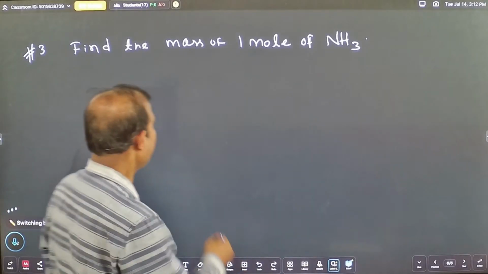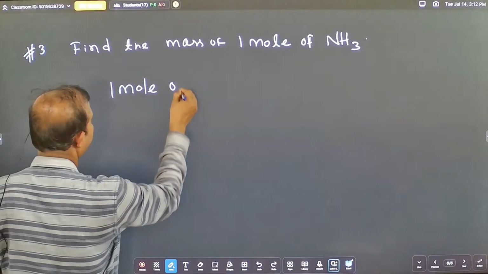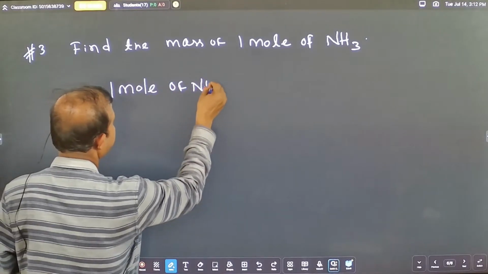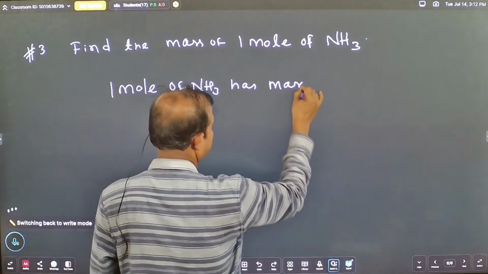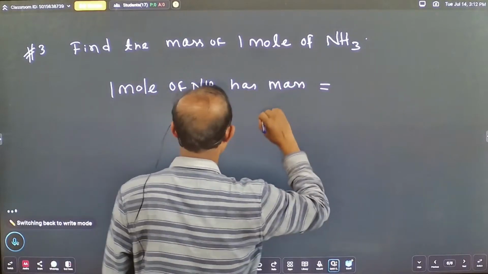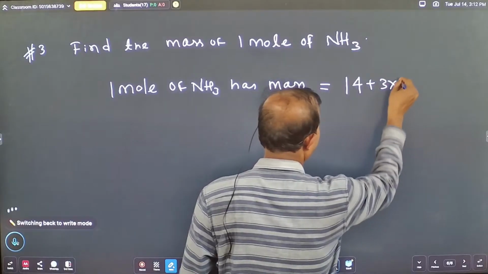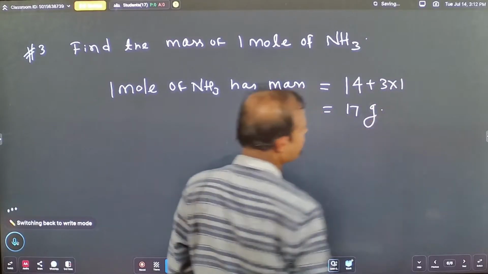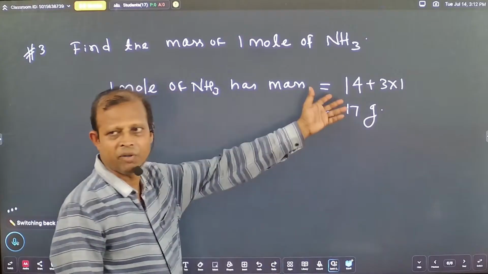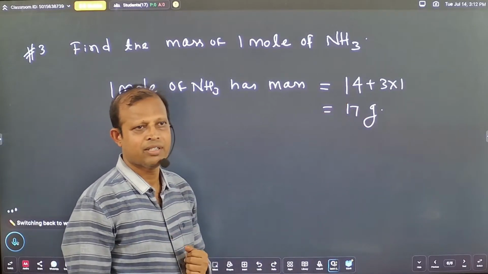How much will it be? 14 plus 3 into 1, so it becomes 17 gram. 17 gram is its molecular mass expressed in gram according to the mole concept. Clear?